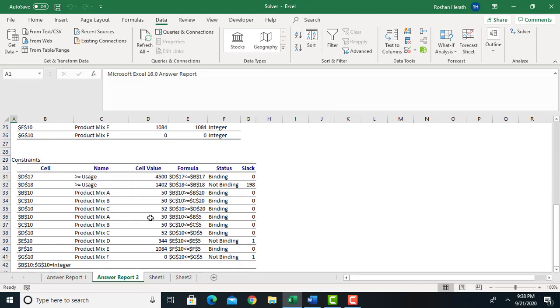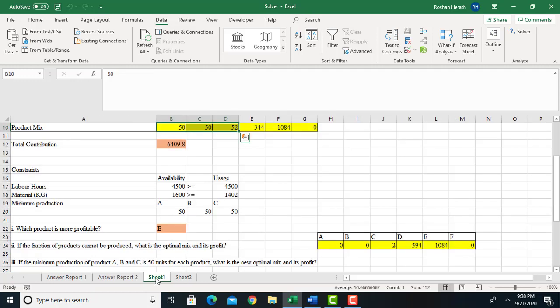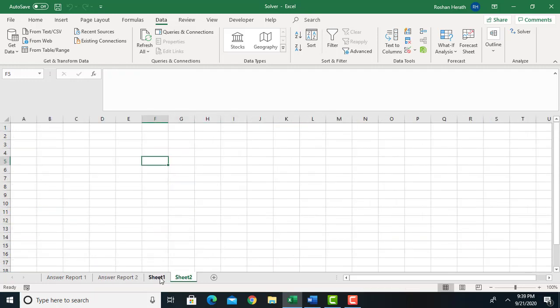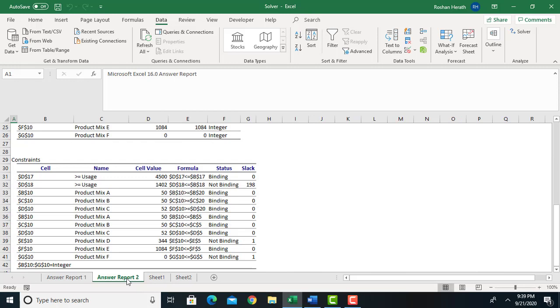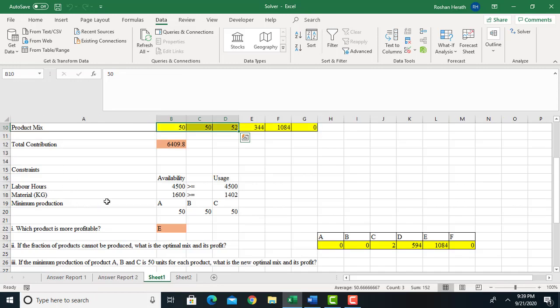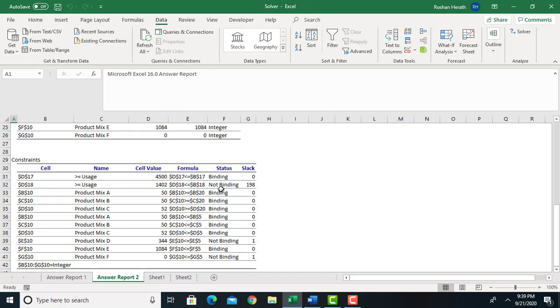And also the binding and non-binding consideration is there. Still you can see 4,500 labor being fully used, so therefore it's a binding constraint. But the usage of material, it's not a binding constraint, so it is clearly mentioned not binding.